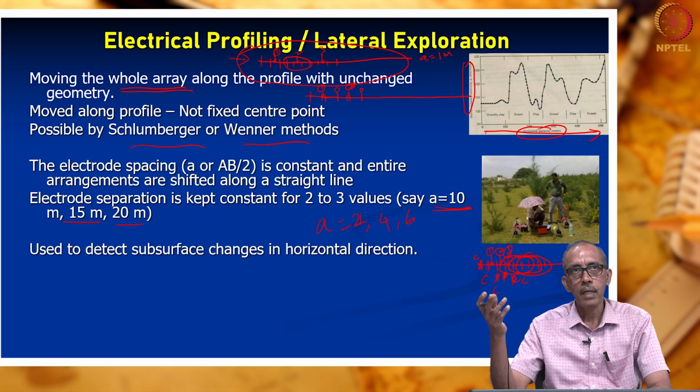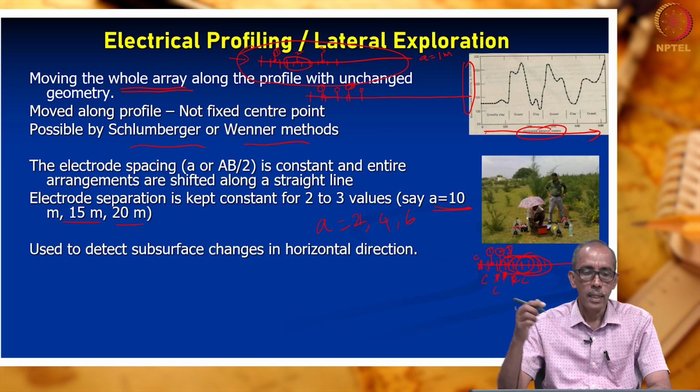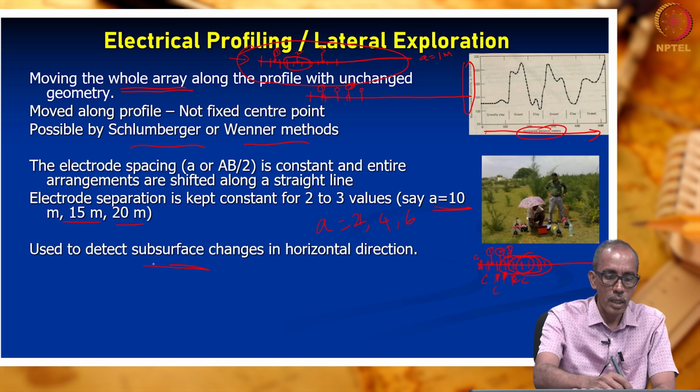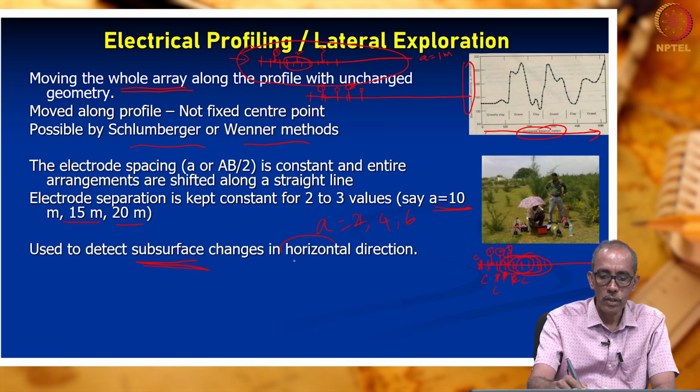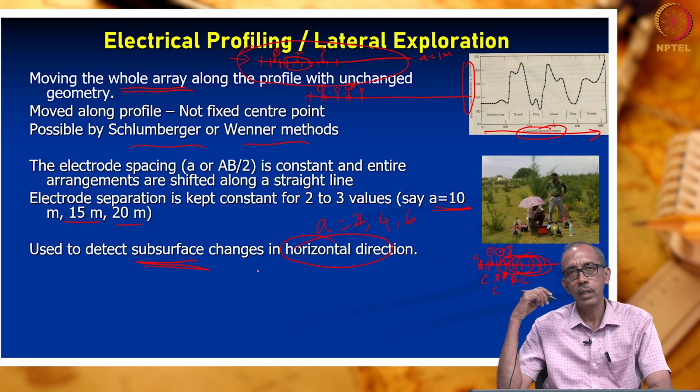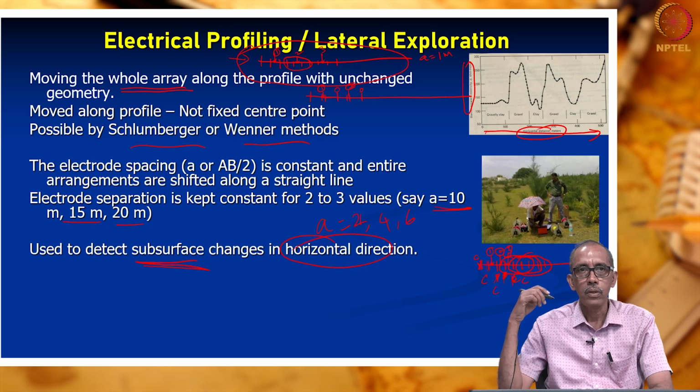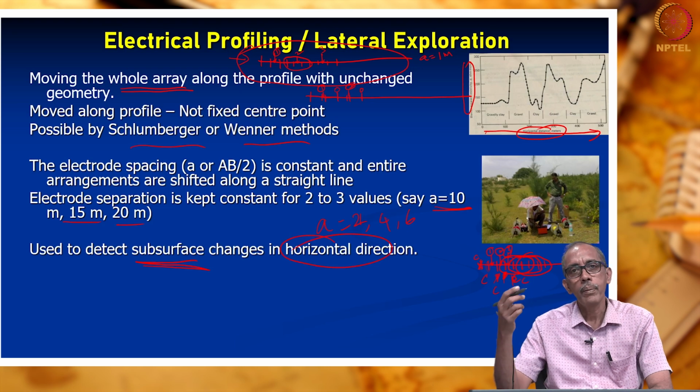So, what is the purpose of carrying out profiling? Our aim is to understand the changes in the lithology or changes in the subsurface along the horizontal direction. So, we can carry out the survey preferably by the Wenner method to know the lateral variation in the geological formation.